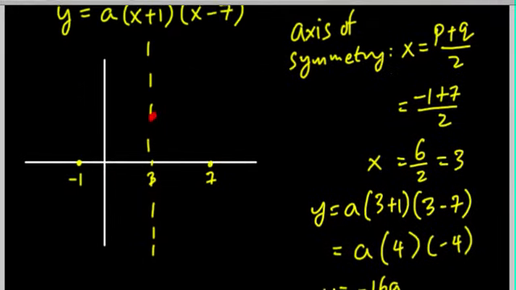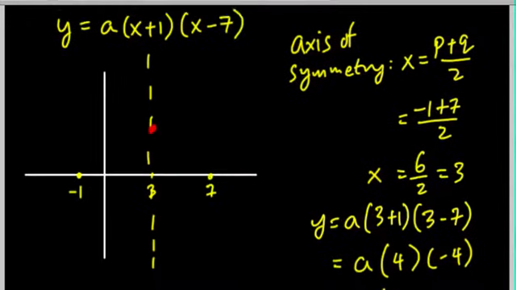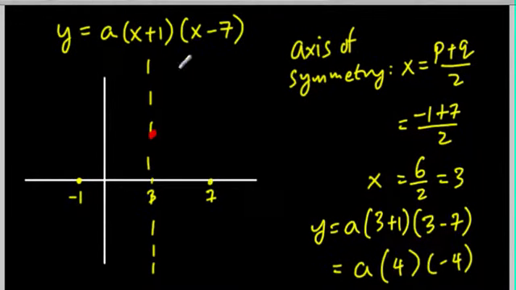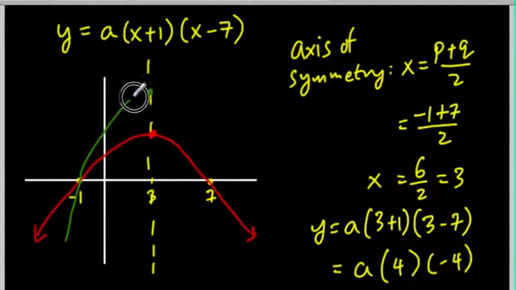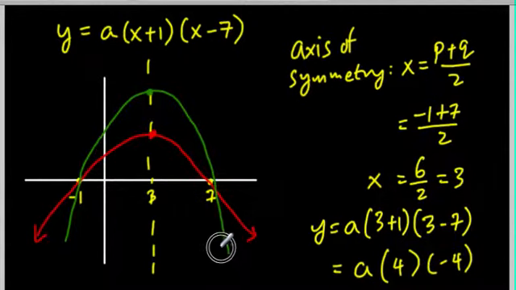What that means is we can have multiple vertices. Let's draw them. Say, for example, we have our vertex right there. This is how this one graph will look. But what happens if we have a vertex right here? Then we'll have another graph that looks like that, and it has to go through both these x-intercepts, right?